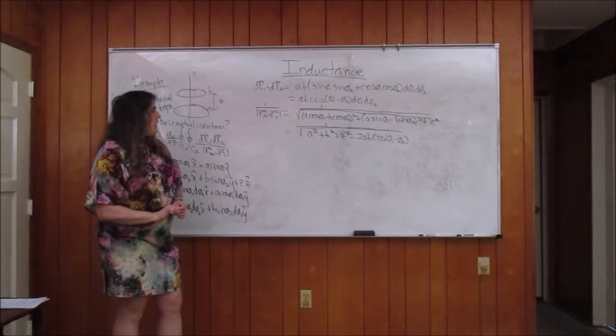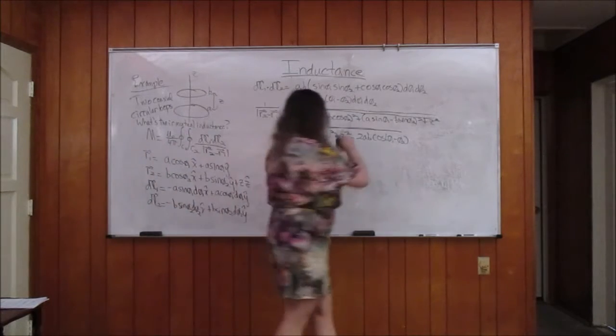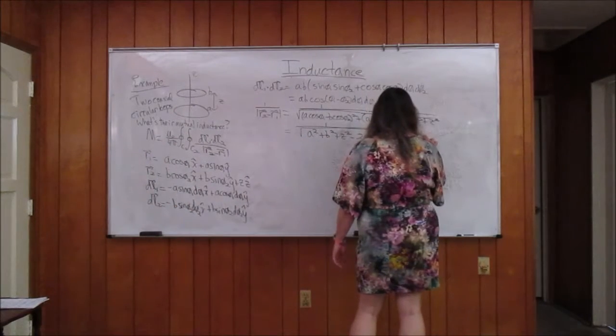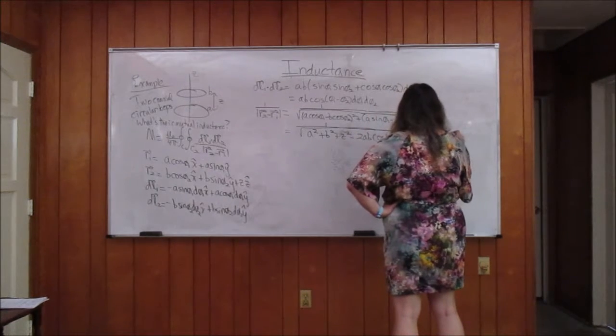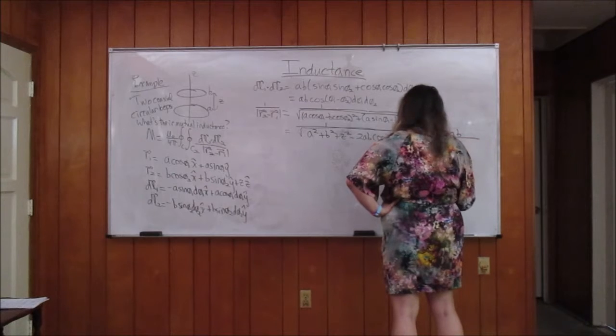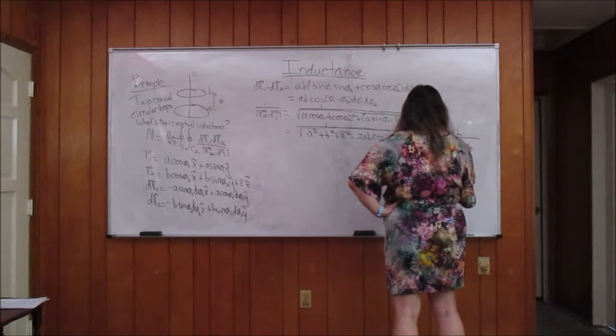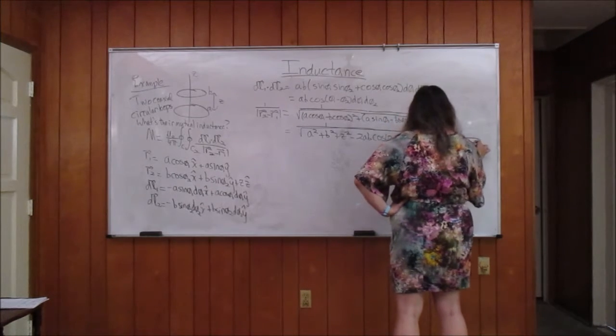Okay, so if I make a substitution of variables to make this a little bit neater, let's call k equal to ab over a squared plus b squared plus z squared.